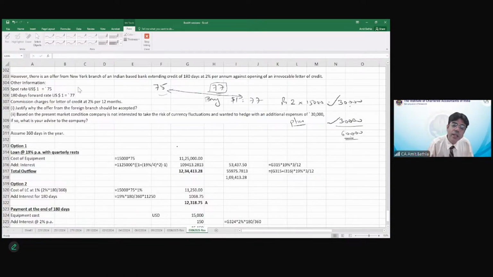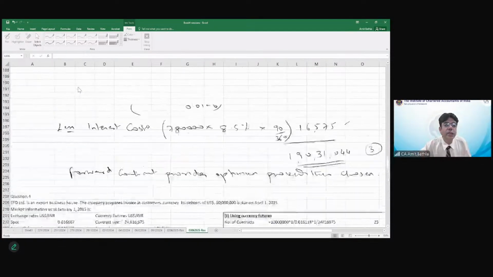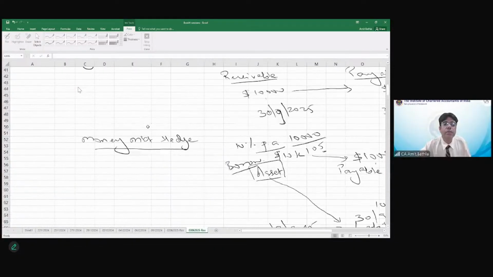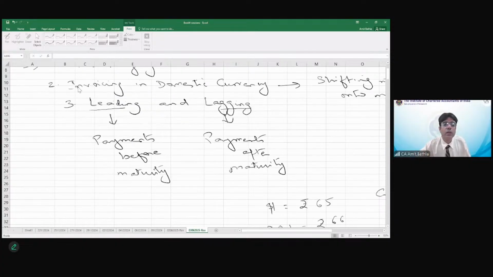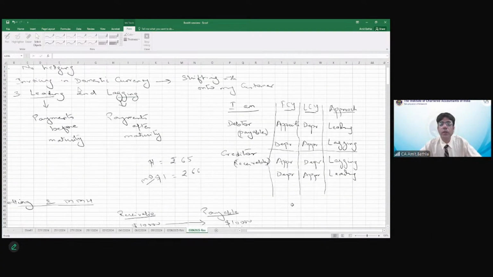Then leading and lagging, whether you want to pay early or later, that depends on whether my currency is appreciating or depreciating, right? We discussed that earlier. All the 4 options, right? We discussed all the 4 options over here.